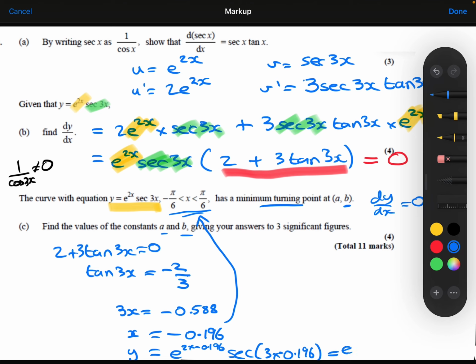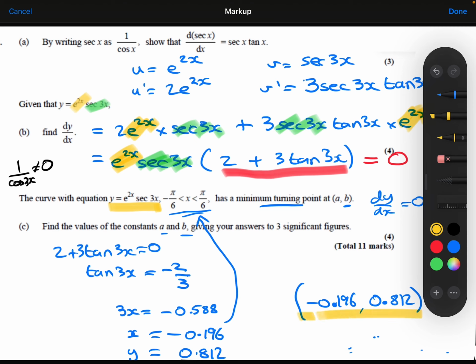So you would actually type in e to the 2 times minus 0.196 times 1 over cos 3 times minus 0.196. And you should, as your answer, get 0.812. So your A is minus 0.196, that's the x coordinate of the turning point, and the y coordinate of the turning point, your B, is that. That's what we needed to show.